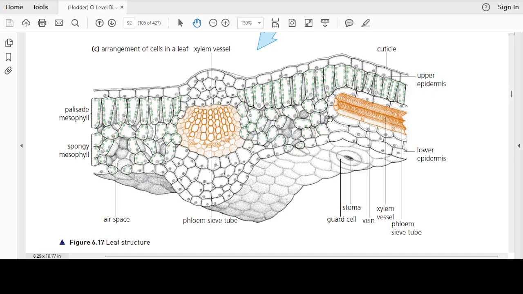And the phloem sieve tube or the phloem vessel, they are on the outside of, whether it's the midrib or the stem of the plant, which we'll come to next chapter, or the root, because these two vessels travel throughout the plant. But again, not to confuse, right?